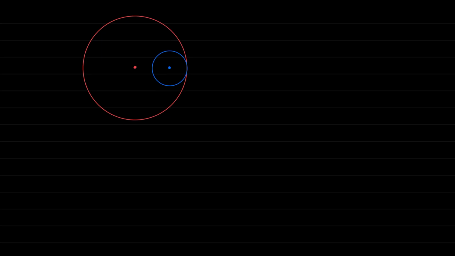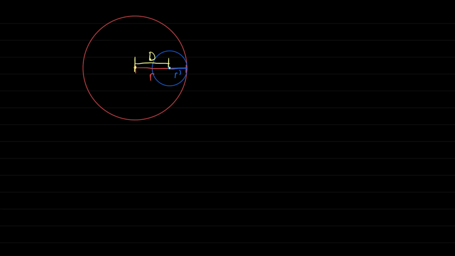So let's do some labeling. If this is R, that's going to be the radius of my big circle. And this is the radius of the smaller circle; let's call that R prime. And the distance between the centers, let's call that D. We can get an equation.